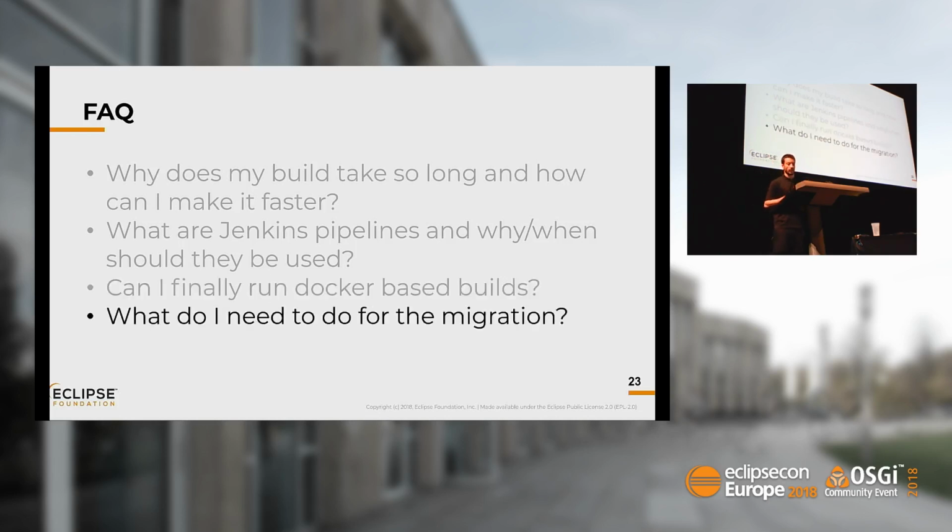Finally, one other question that we often see in context to the new infrastructure: what do I need to do for the migration as an Eclipse project? In general, as I mentioned, we will move all the files, but there will be some requirements for adapting the job configurations to the new environment of having stateless agents that are just starting fresh with every build.